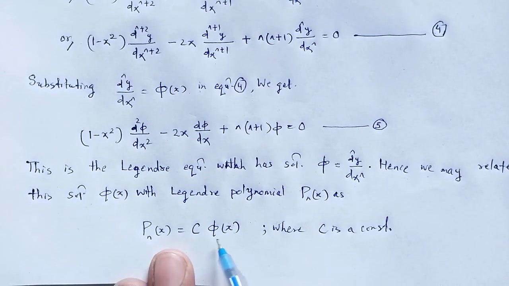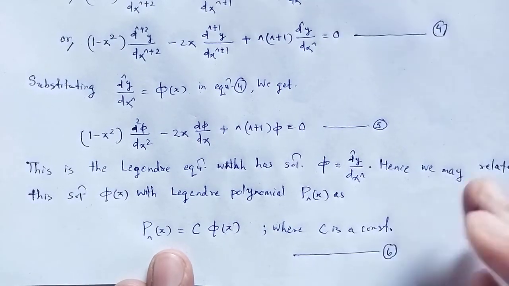That is Pn of x is equal to C φ of x. That is equation number 6.